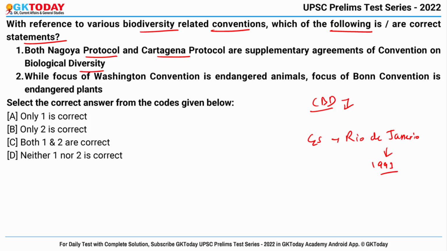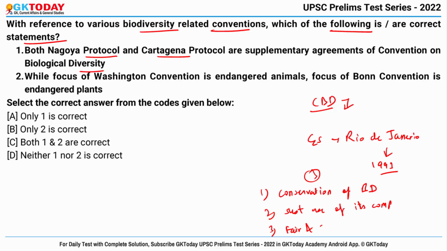So it has basically three main goals. First is conservation of biological diversity. Second is sustainable use of its components. And third is fair and equitable sharing of benefits arising from the genetic resources.